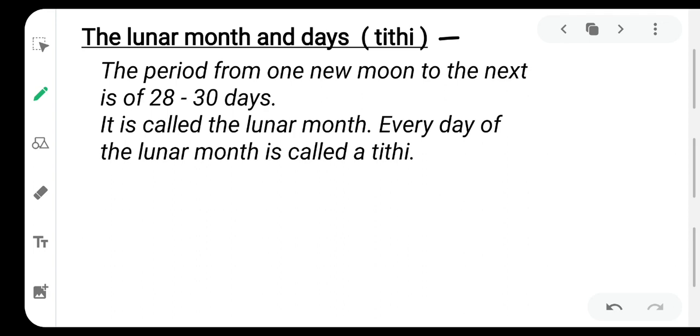The period from one new moon to the next is of 28 to 30 days. It is called the lunar month. And every day of the lunar month is called a Tithi. You all have to keep this in mind, that what is lunar month and what is called Tithi.